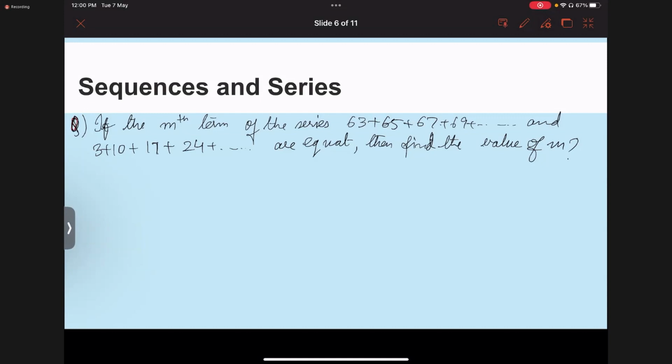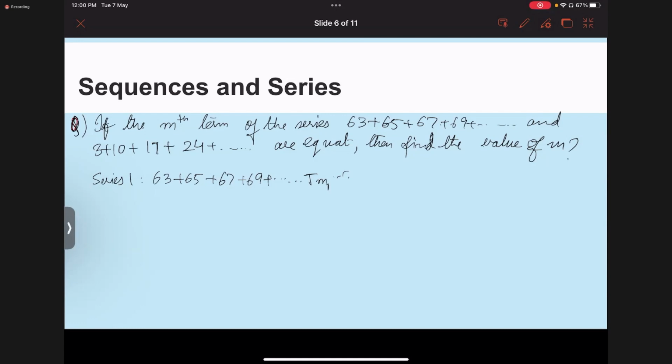So series 1 is going to be 63 plus 65 plus 67 plus 69, all the way, and in between you will have one Tm, and then so on again.